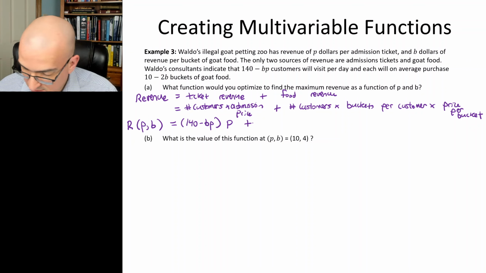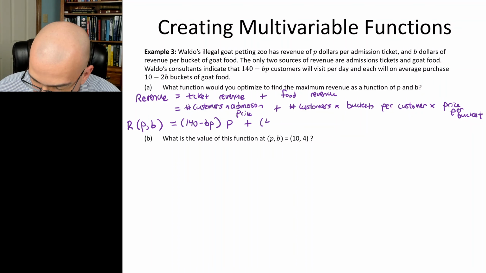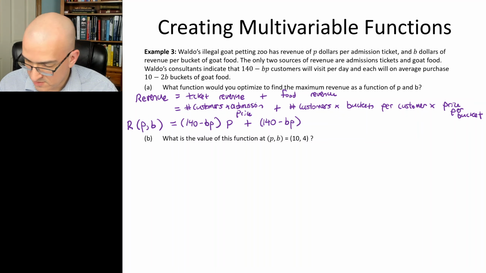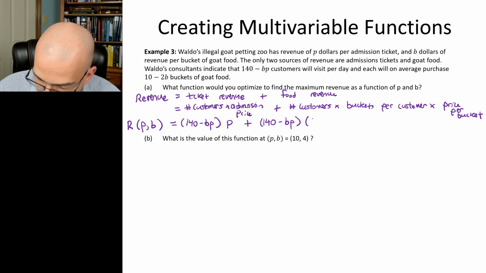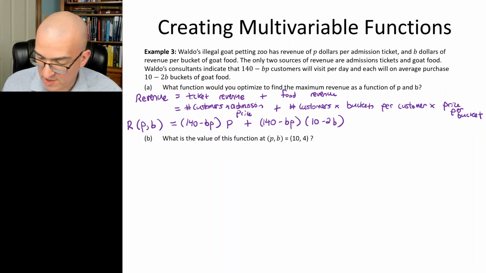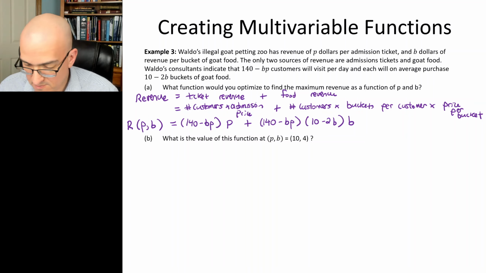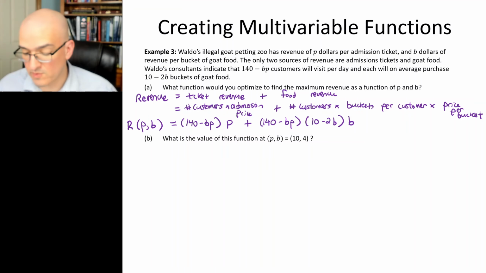Plus, now the number of customers is 140 minus BP, times the number of buckets per customer. It says on average we'll purchase 10 minus 2B buckets for a given price B, and then the price per bucket is B. And that's it. That's our model. That's the function that we want to maximize in order to maximize the revenue.